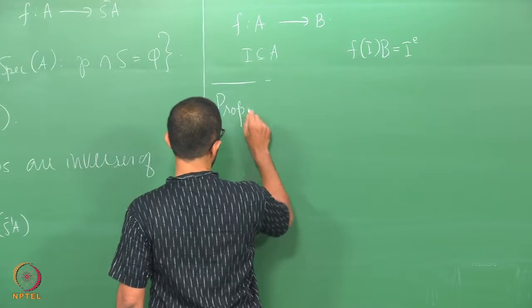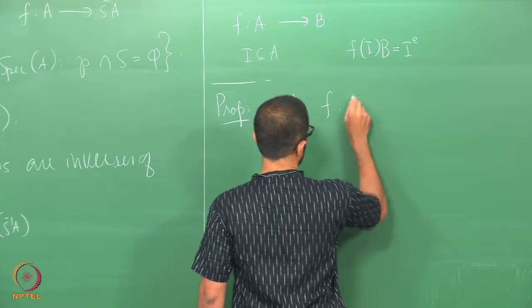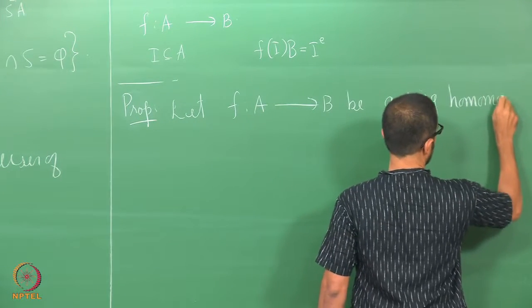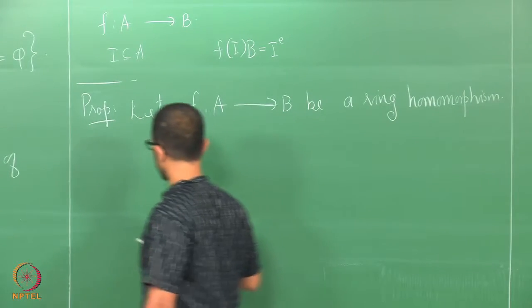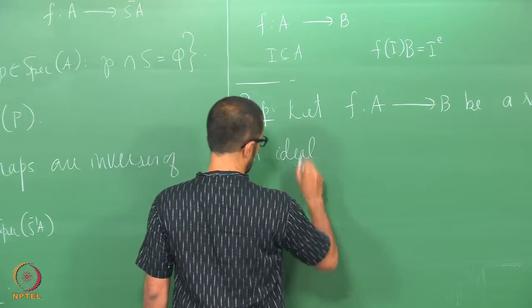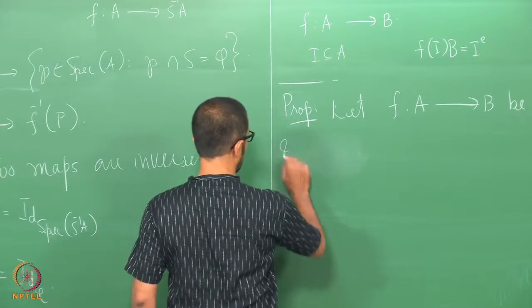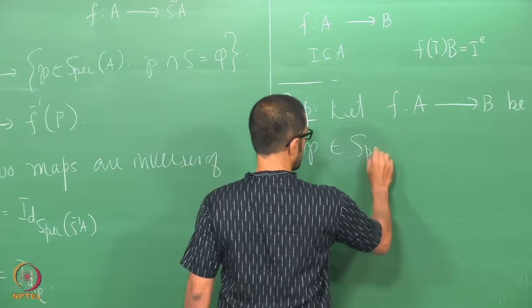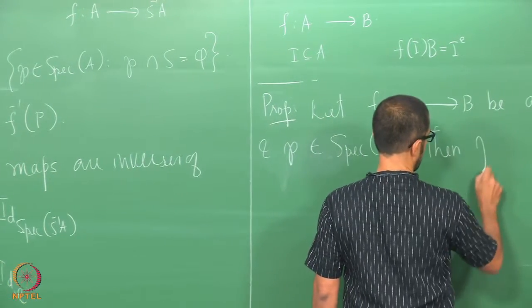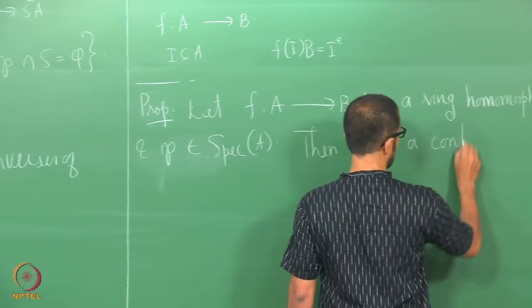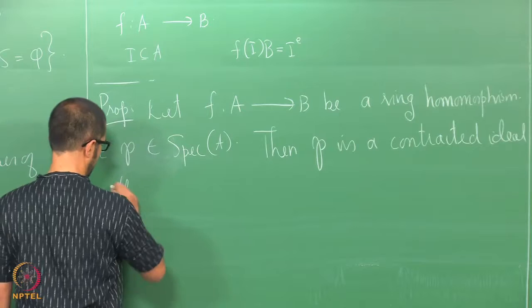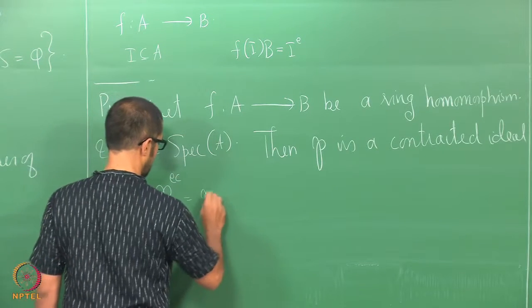So, let me just state it. Let f from A to B be a ring homomorphism, and P be a prime ideal of Spec of A. Then P is a contracted ideal if and only if P extended contracted is P itself.